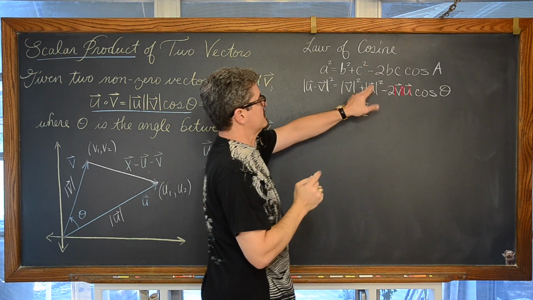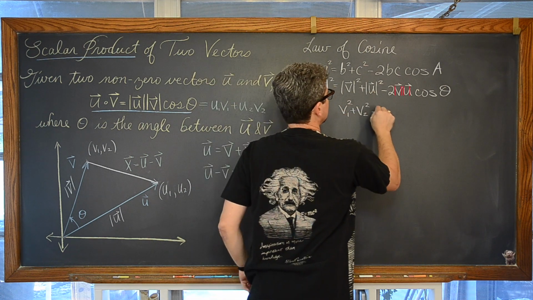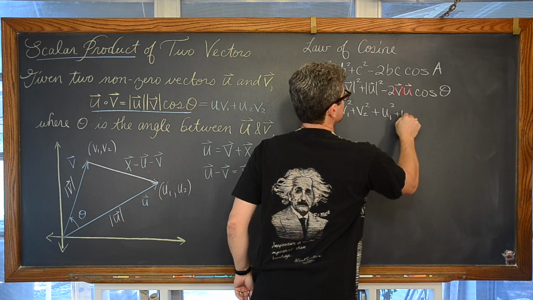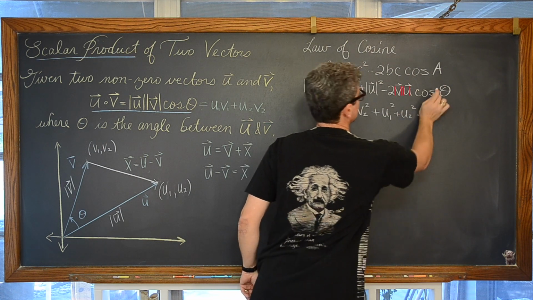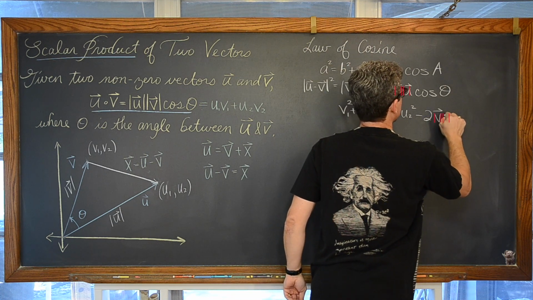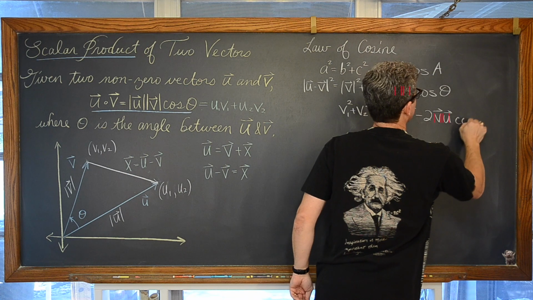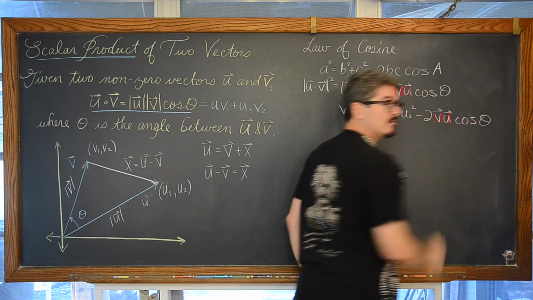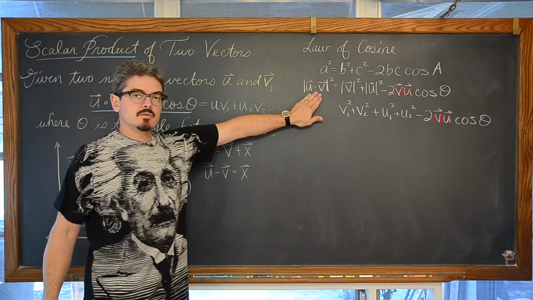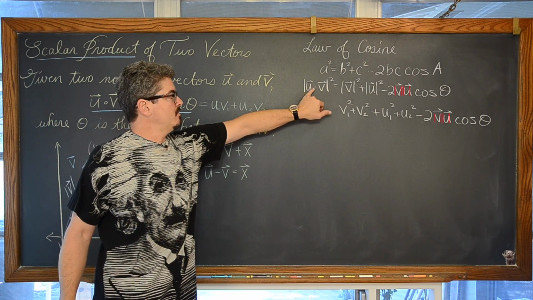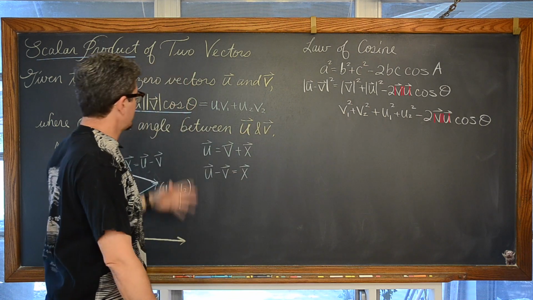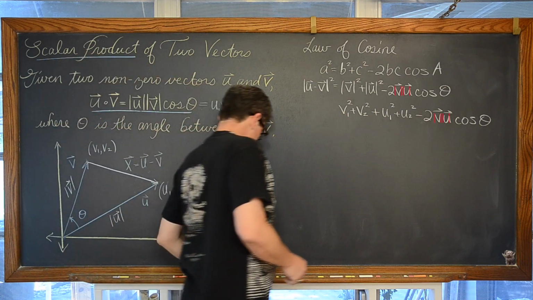Same with, of course, vector u: u sub 1 squared plus u sub 2 squared, minus 2 times vector v times vector u times the cosine of theta. Now over here, we have the magnitude of vector u minus v squared. Not quite as simple as this notation, so I'm going to have to get this out of my way, by the way, here.